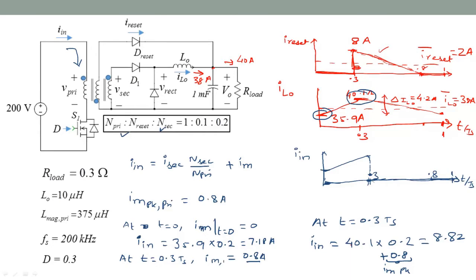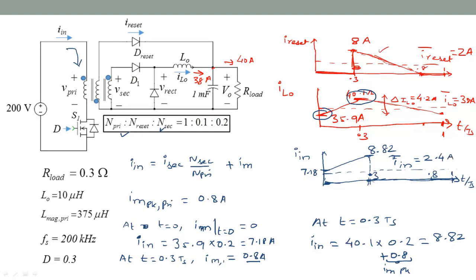Okay, this value was 7.18, and this value that includes the magnetizing current peak is 8.82, to give an average. Okay, In average, you can get that by doing 7.18 plus 8.82 over 2 times 0.3. That would be 2.4 amperes.